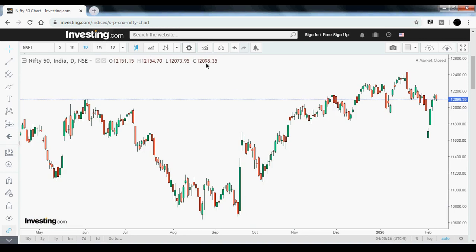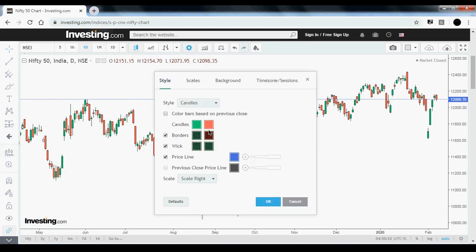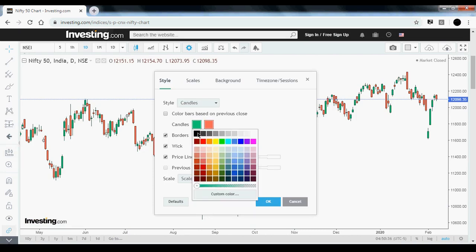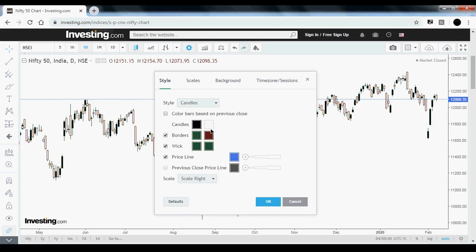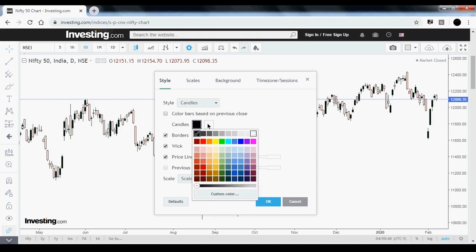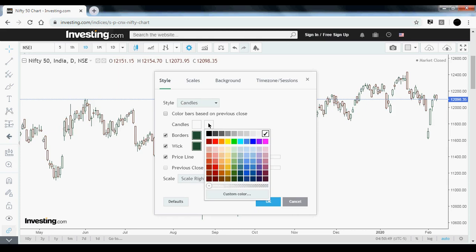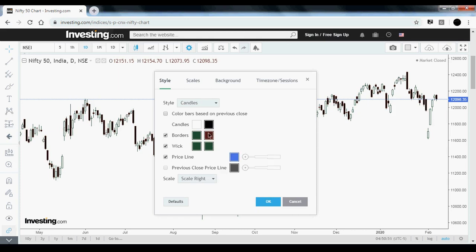Uptrend should be positive, close should be white, and negative should be black. I think it is reversed. This is positive, and this will now be black, downtrend. So this is how we'll set up the chart.